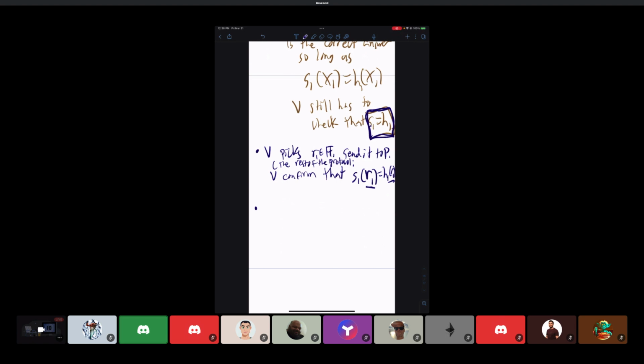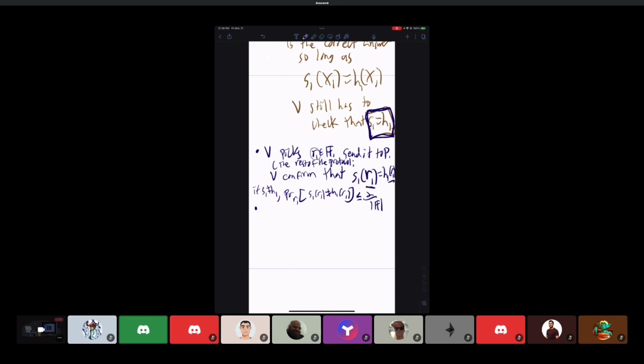then with overwhelming probability over the choice of R1, S1 of R1 does not equal H1 of R1. If S1 and H1 are not the same polynomial, the probability they agree is at most something like 2 over field size.